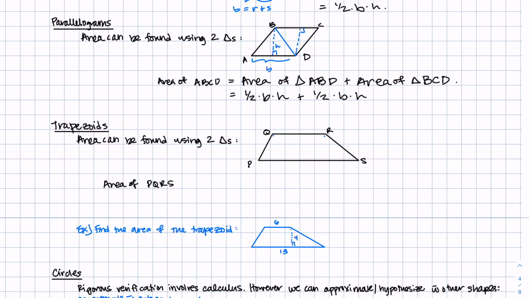These two heights should be the same, and that side B should be the same length as that side B. And so when I add these two things together, I just get the base times the height. So the area is just base times height, not 1/2 base times height.